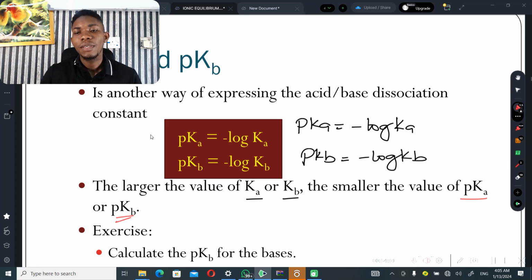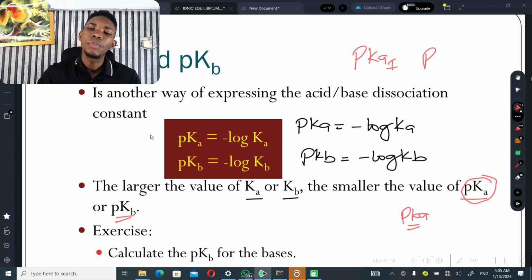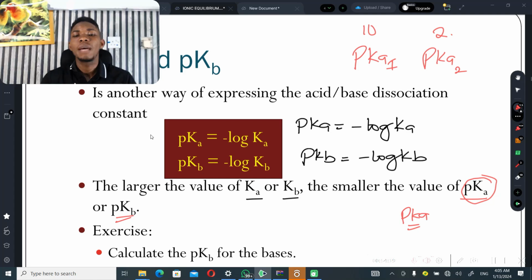So you may be asked a question. An acid that has a very high pKa and the one that has a low pKa, which is the stronger acid? Let's say you have two acids, pKa1 and pKa2. One has a pKa of 10, while the other one has a pKa of 2. Which of them do you think is the stronger acid?